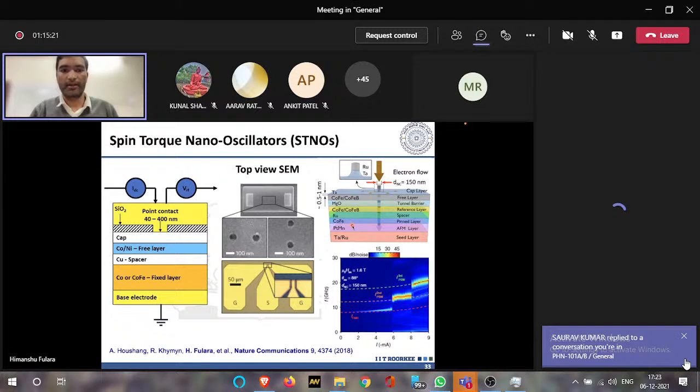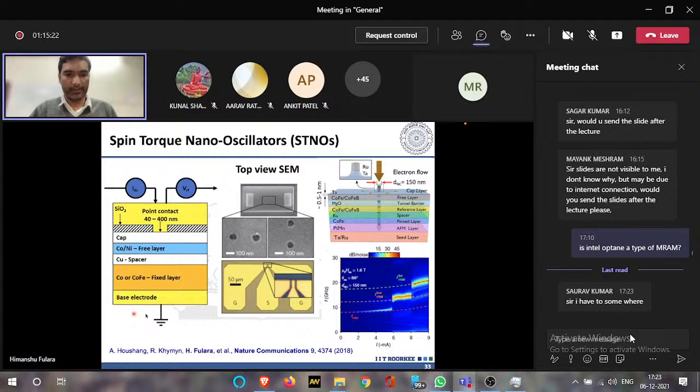We fabricated these nano contact based junctions. Now you will ask me, why did I fabricate this nano contact? Because in order to drive the whole area, you need a large current, since to generate a reasonable spin polarized current you need to inject a large charge current.